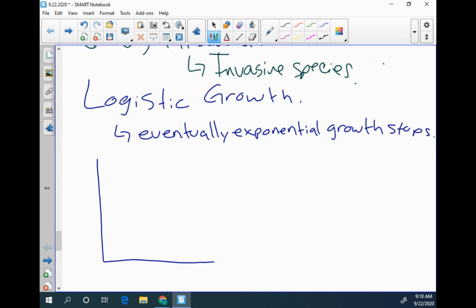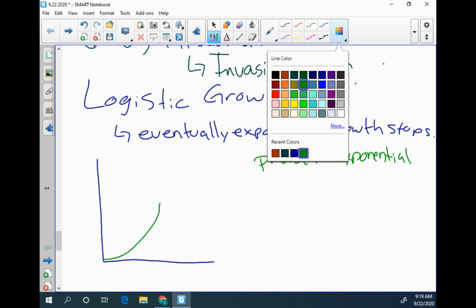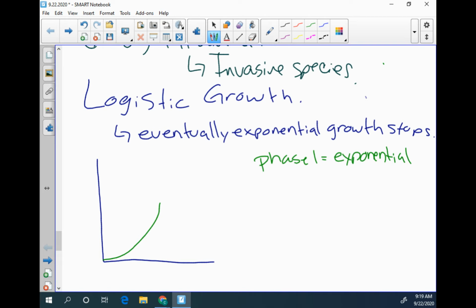Logistic growth happens in 3 phases. The first phase is exponential growth. So we've got our exponential growth. Our second phase, our growth slows.